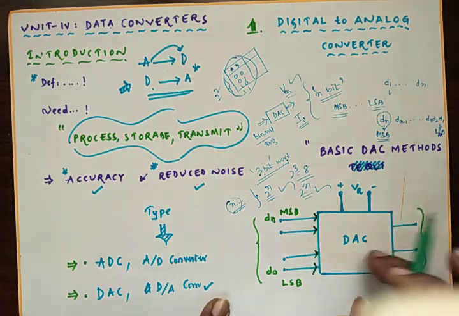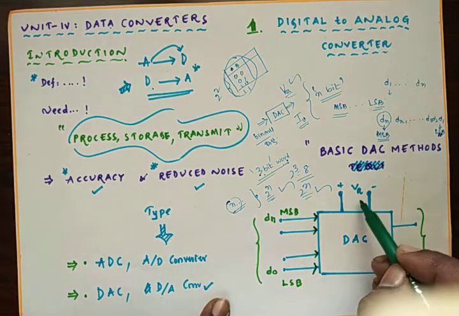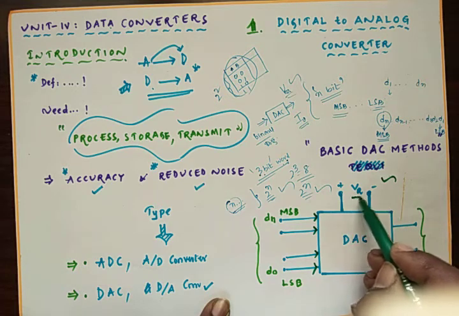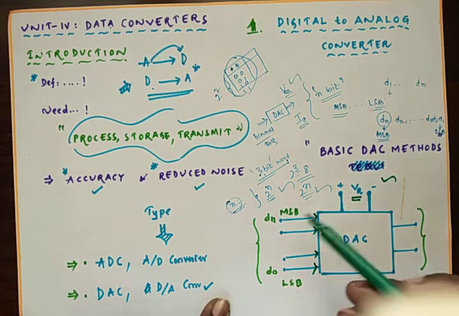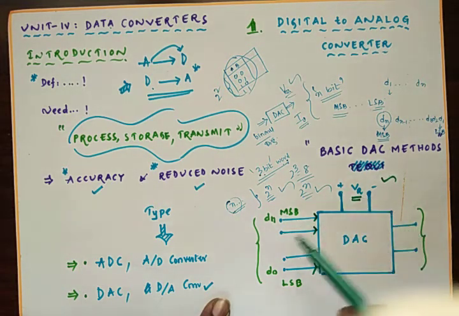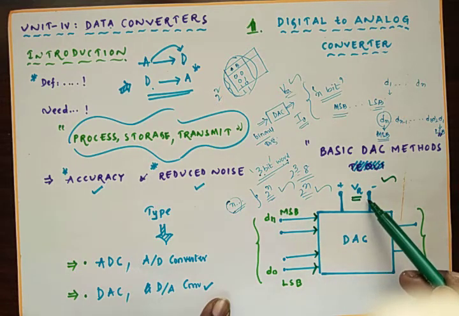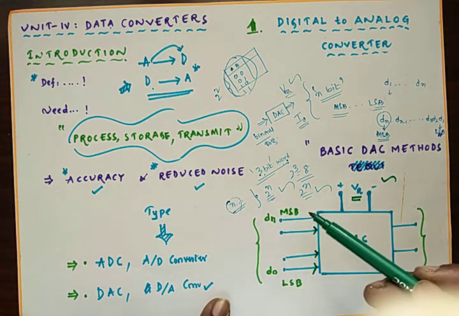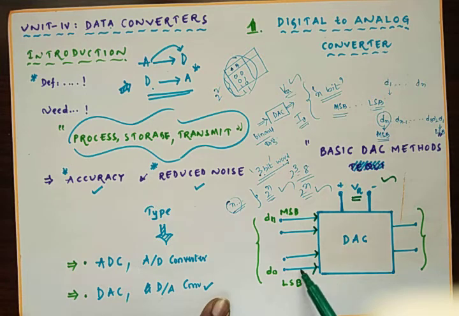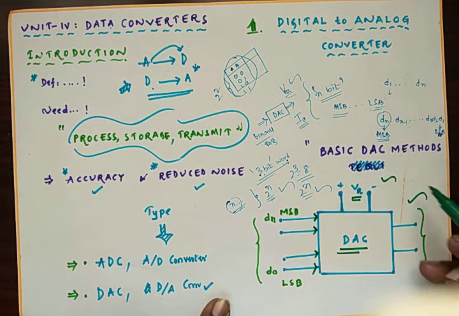And to this converter, we give one reference voltage, which we can call VR. Based on the VR voltage and the binary data given as input, the corresponding output will be provided, which may be voltage or current.